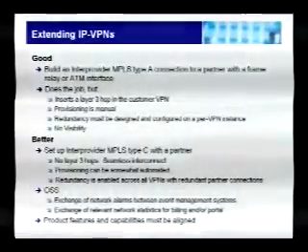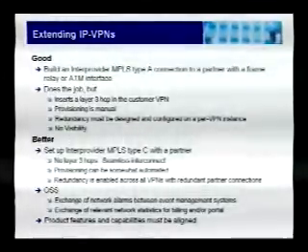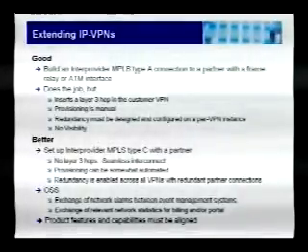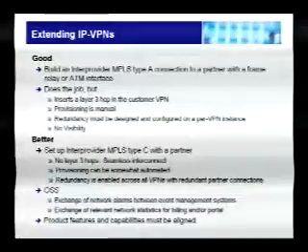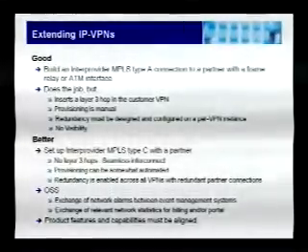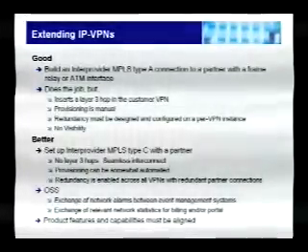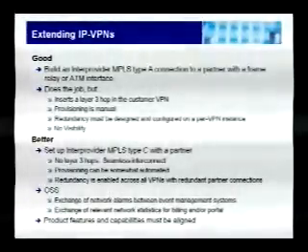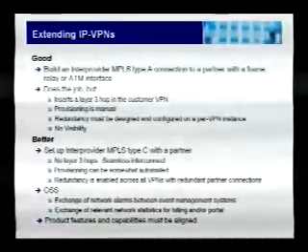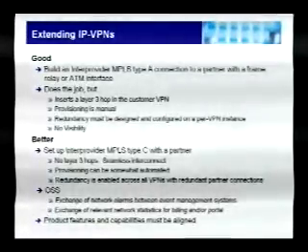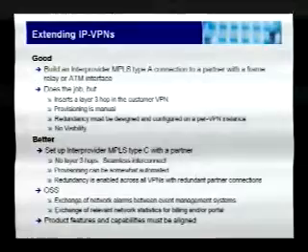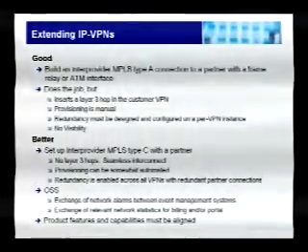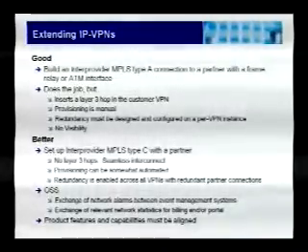So if I have 2 NNIs or 2 inter-provider connections with another carrier, I have to go and configure 2 PVCs in that customer VPN, and then I have to do specific dynamic routing across those connections just for that one VPN. There's also no visibility. If the customer port on the remote network goes down, I may have no clue that it's gone down unless the customer calls me and lets me know, or it happens to be a managed service.